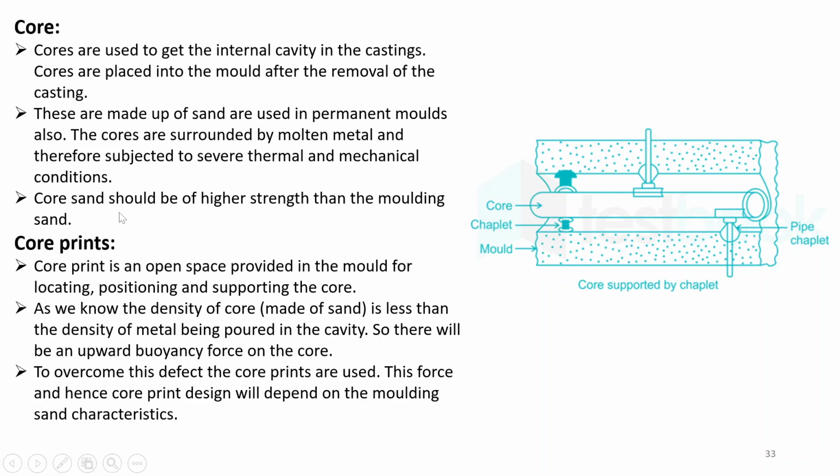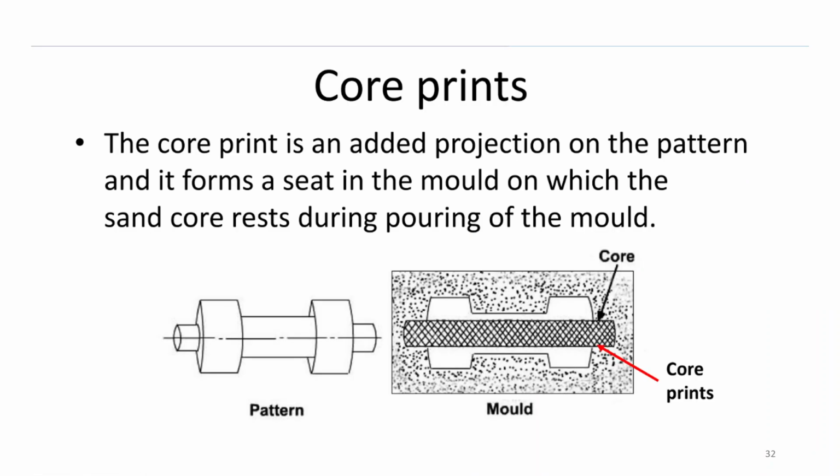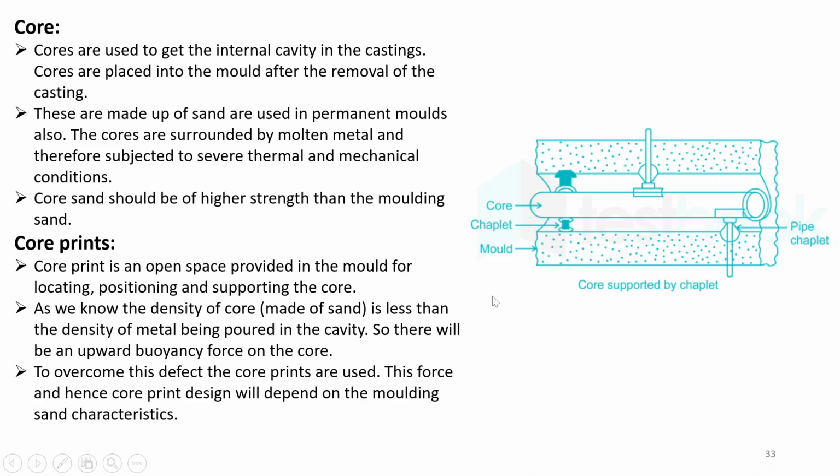Core sand should be of higher strength than the molding sand, because in this case you can see that this molding sand is coming in contact with hot metal only on the one side, while this core sand will come in contact on both sides, right? So this should have higher strength compared to this mold sand.